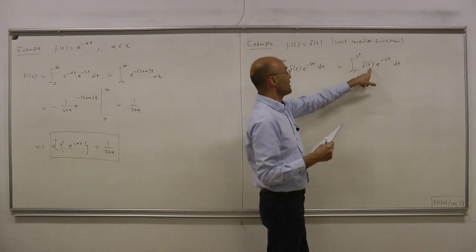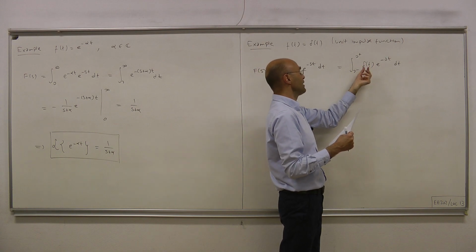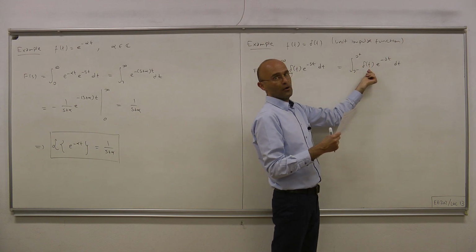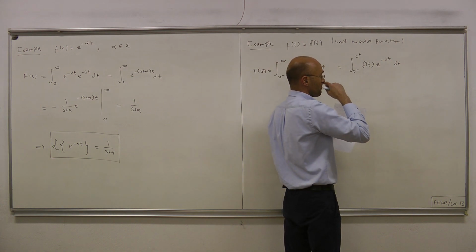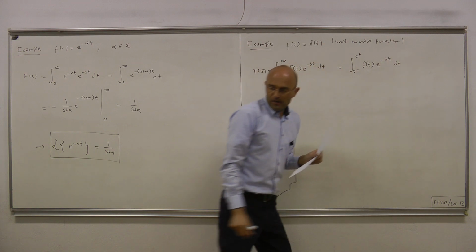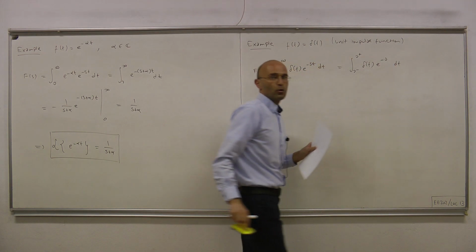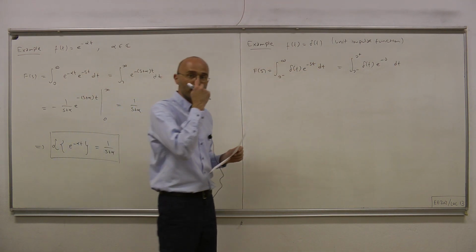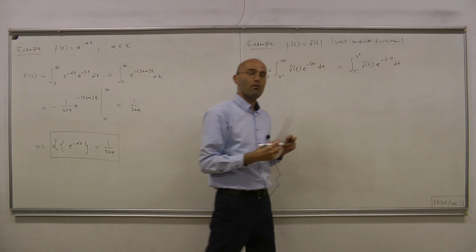So in this case, the value of t that makes the argument 0 is 0. So this product is equivalent, for all practical purposes, to the value of e to the minus st at t equals 0, and we gave that property of the impulse function a name. We called it the shifting property.